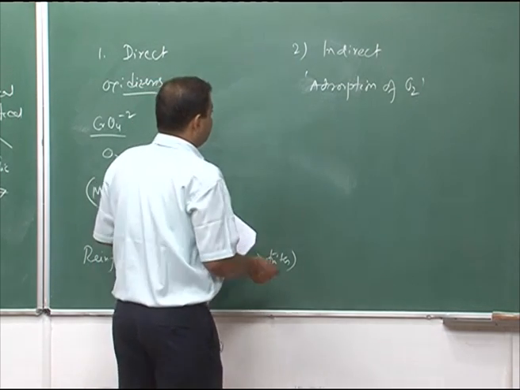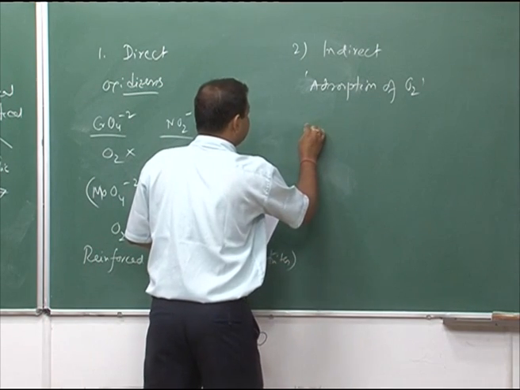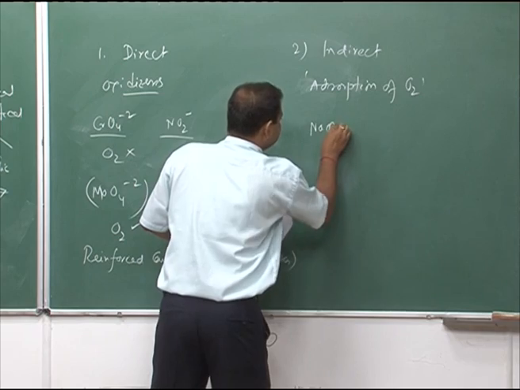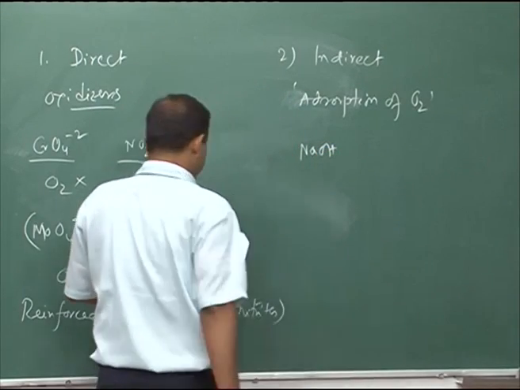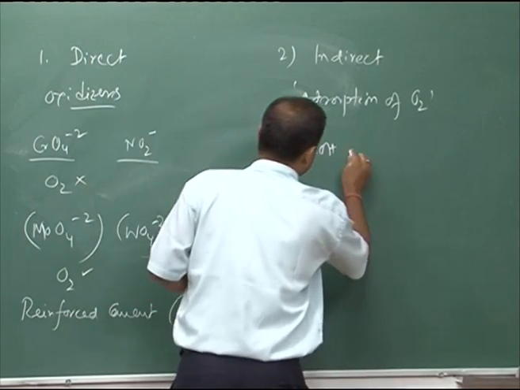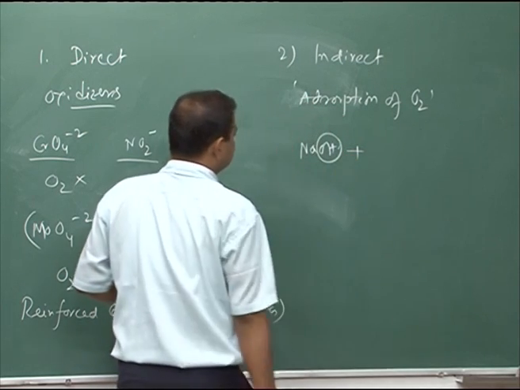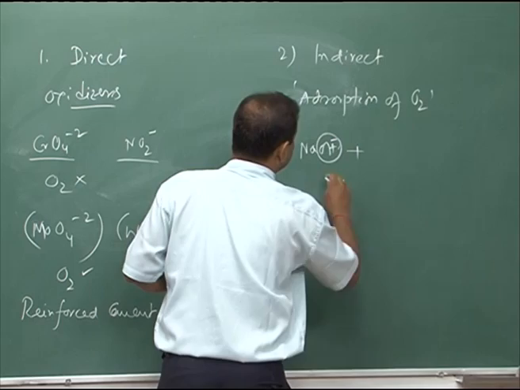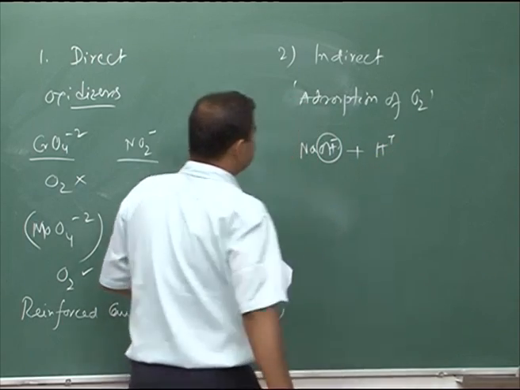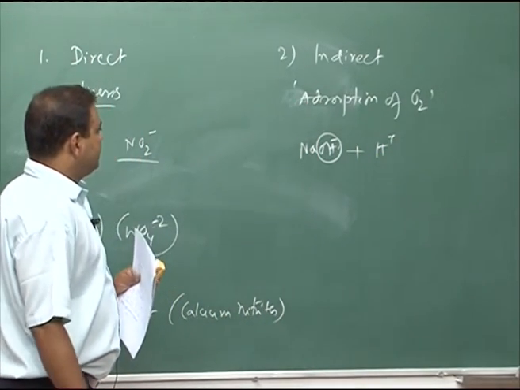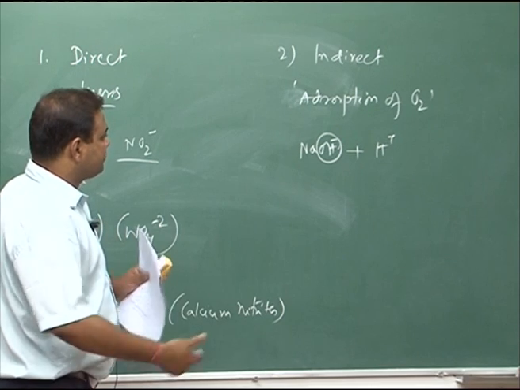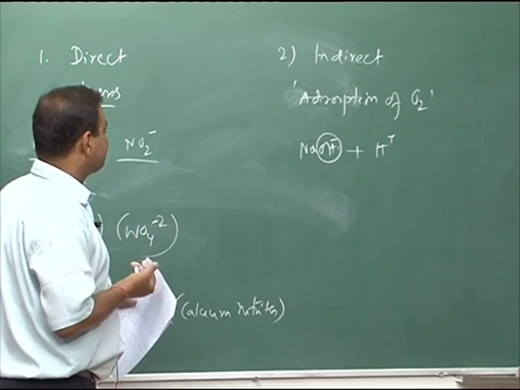So, for example, one indirect passivator is NaOH. What it can do, the OH minus ion can take care of hydrogen ion. So, if hydrogen ion is taken care of, the cathodic reaction is out, so the corrosion resistance would improve.